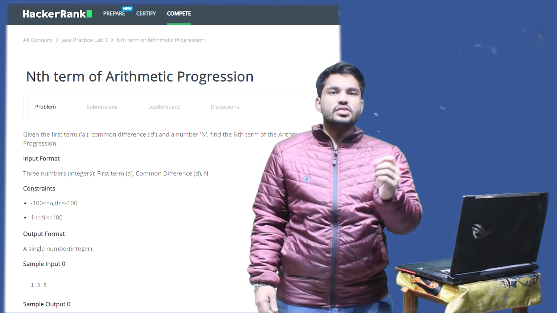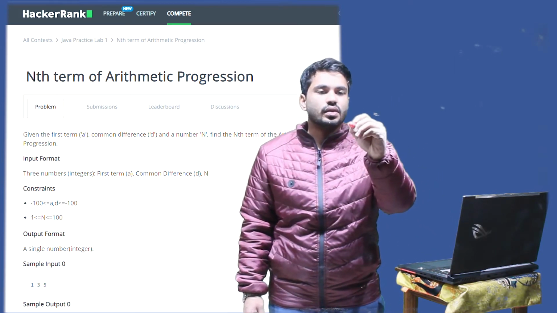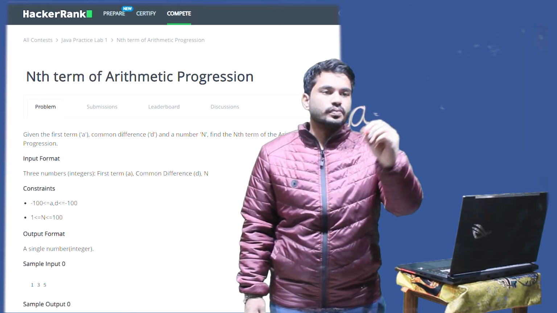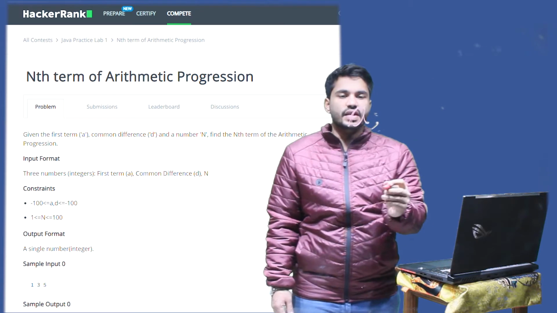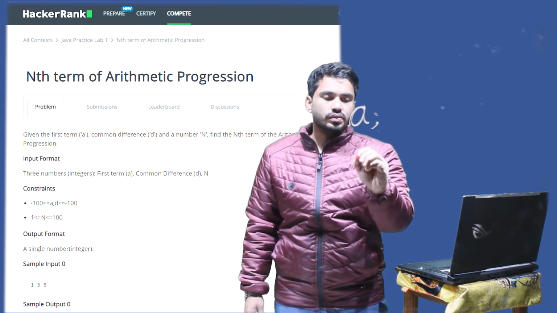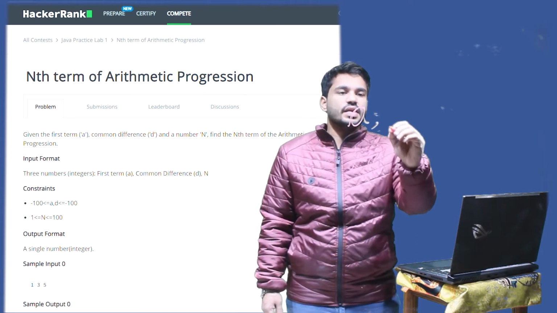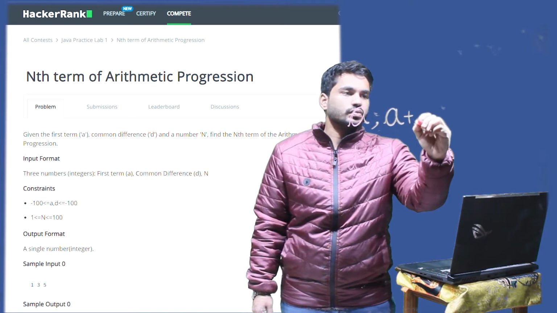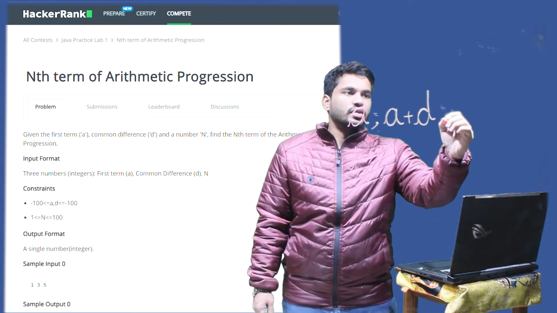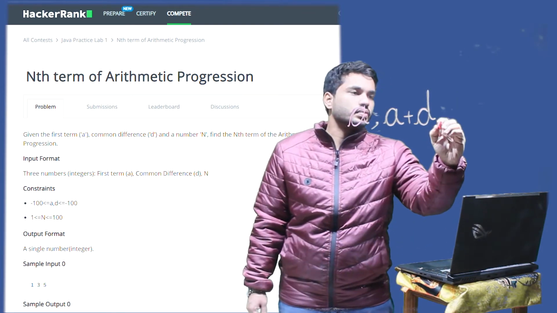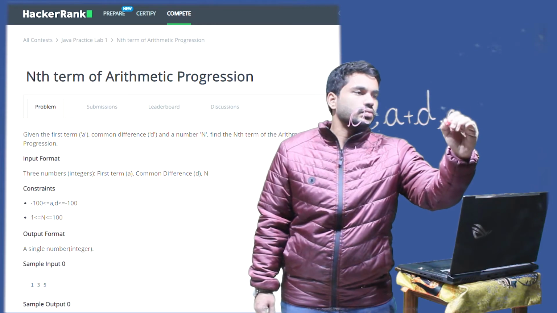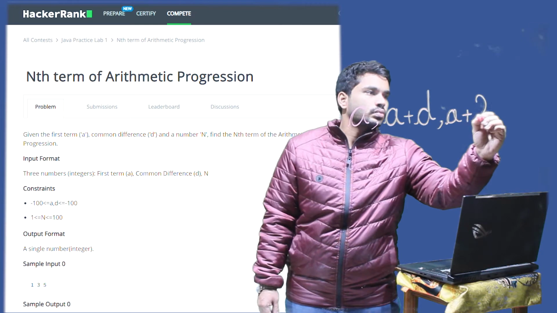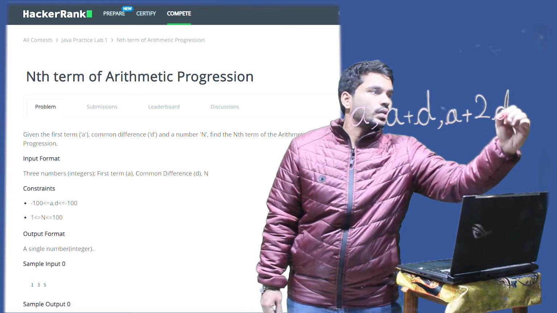Let's assume that the first term is A. If the common difference is D, the second term is A plus D. The third term is A plus 2D, and so on.